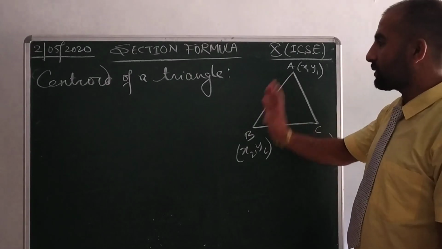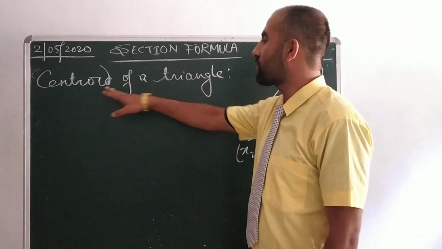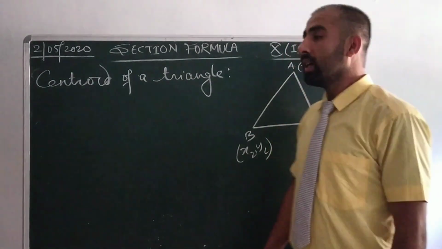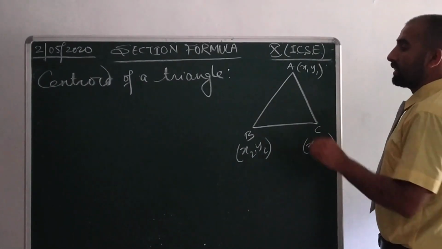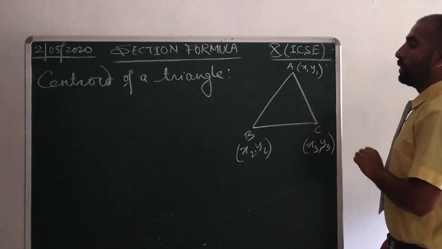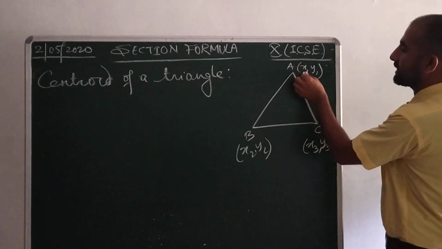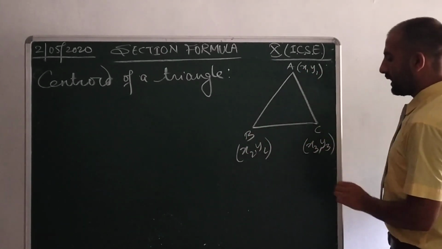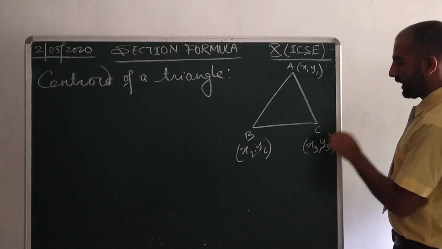Okay, now the next point we are here to discuss is the centroid of a triangle. Let us understand what is the centroid of a triangle first. You can see in this figure, suppose we have one triangle whose vertex A has the coordinate x1, y1, vertex B has the coordinate x2, y2, and vertex C has the coordinate x3, y3.